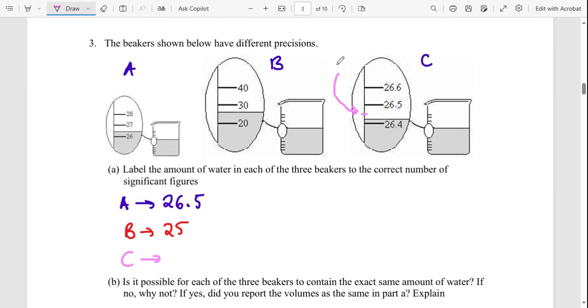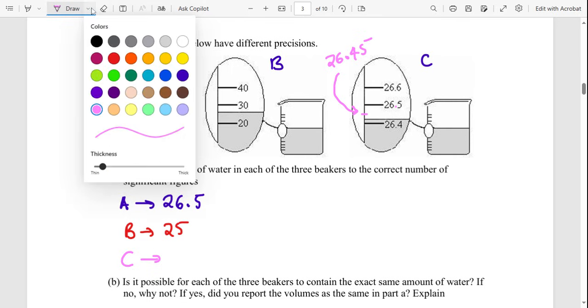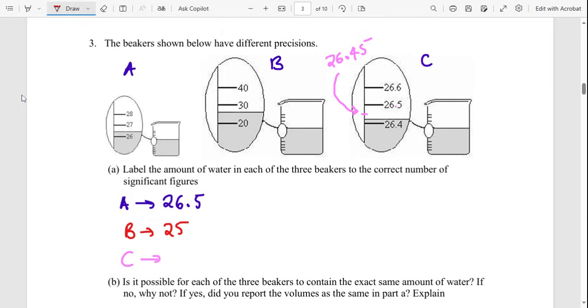That is definitely 26.45. Okay, that's a middle. But now our reading is actually the middle of the middle. So it is a number between 26.4 and 26.45. What is that reading going to be?